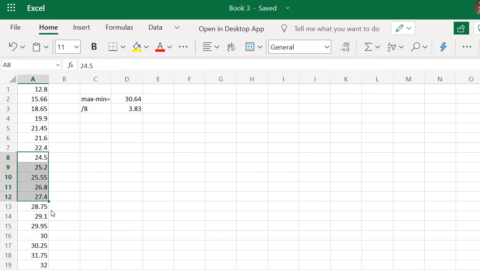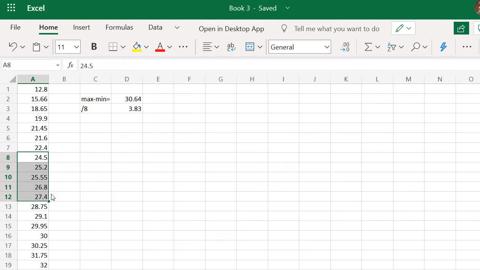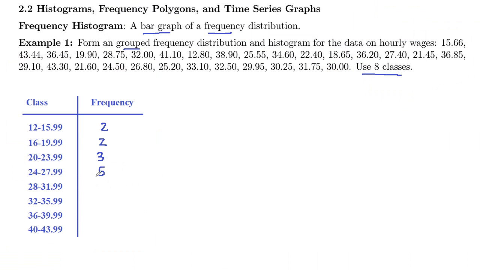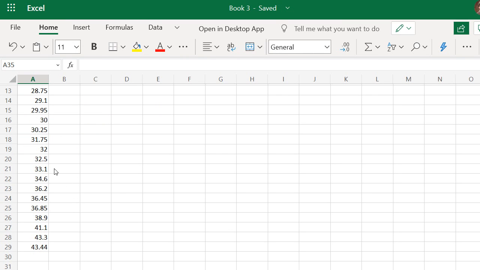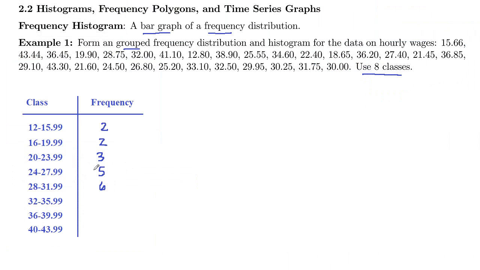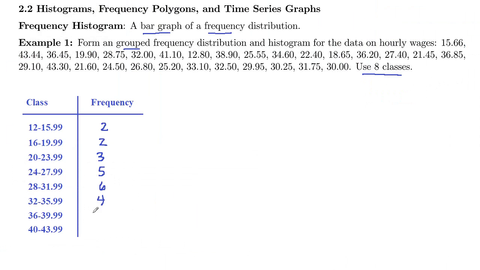5 values. See, these are all in increasing order now, so it's easy to tell which ones fit inside which class. So 5 values here. 28 to 31.99, right there, that's 6 values. 32 to 35.99, right there, 4 values. 36 to 39.99, right there, 4 values, and then 3 are left.